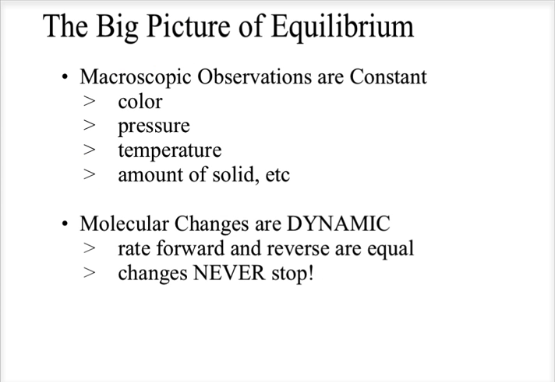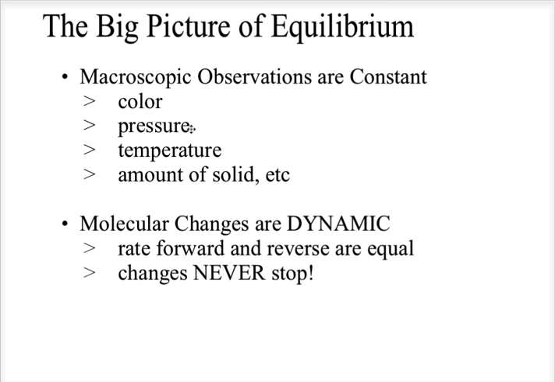So how do we determine whether a system is at equilibrium if it's constantly changing? Well, we look at the macroscopic observations that do appear constant at equilibrium. It's important to remember that change is constantly going on even if you don't see a change. We can easily use a spectrophotometer to record the color.